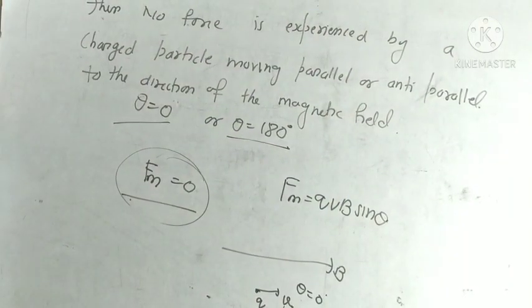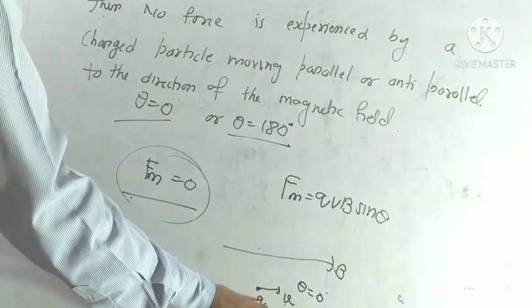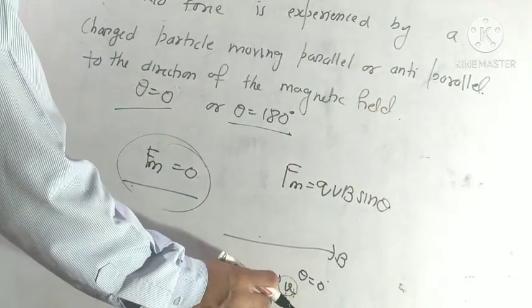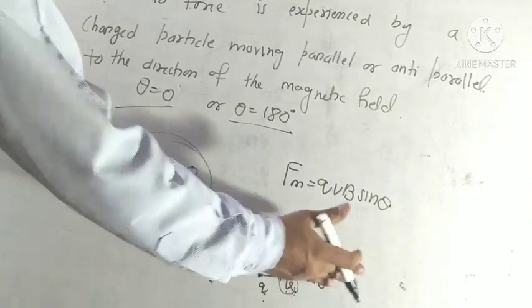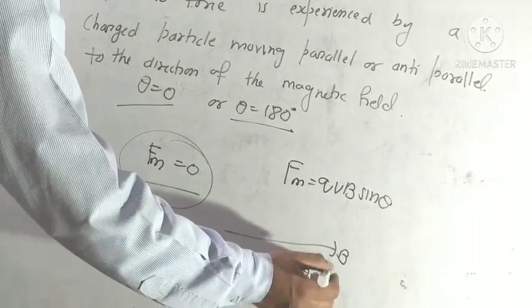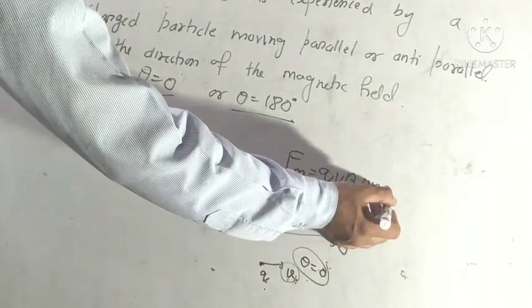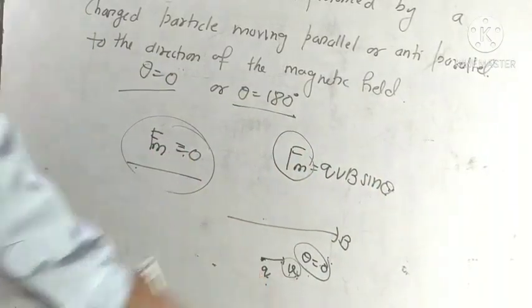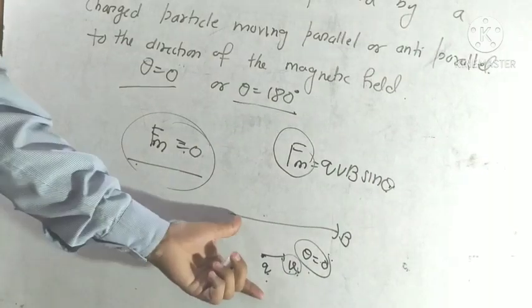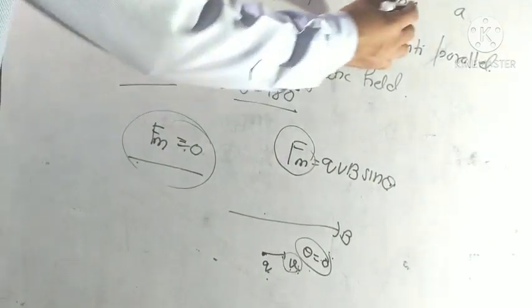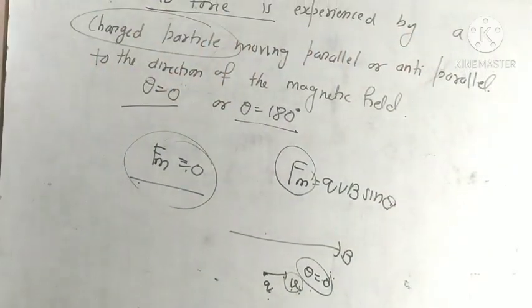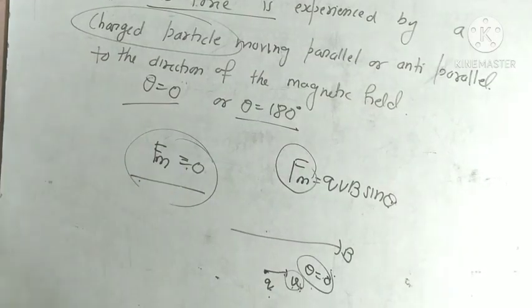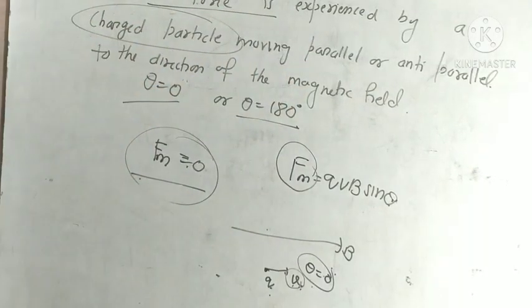Here the direction of the magnetic field and the direction of the velocity of this charged particle are along the same direction, so theta is equal to 0 degrees. When we put theta equal to 0 degrees, the magnetic force will be equal to 0. So no force is experienced by this charged particle when moving parallel or anti-parallel to the direction of the magnetic field.